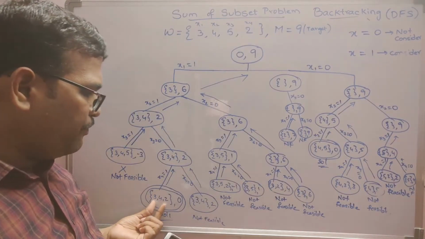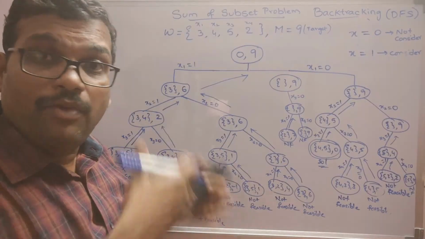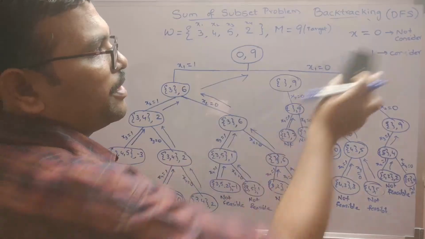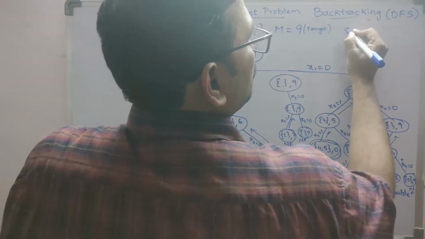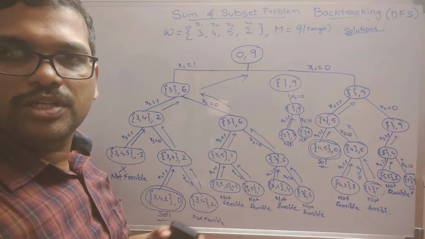One is 3, 4, 2 and the other is 4 comma 5. Okay, manually we have seen all these things, right? Now what are the solutions? How can we write down the solutions?